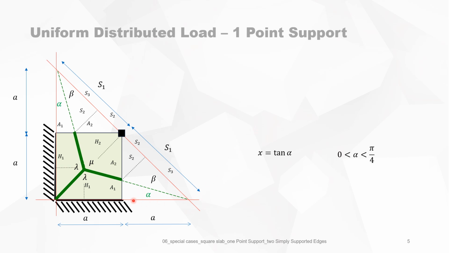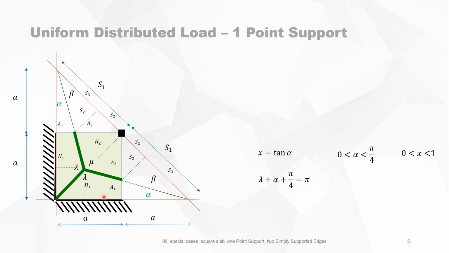We know that alpha must be between 0 and 45 degrees, which means the limits of alpha induce a limit for x, which is between 0 and 1. This is the range where we can optimize the function to achieve a maximum bending moment m.